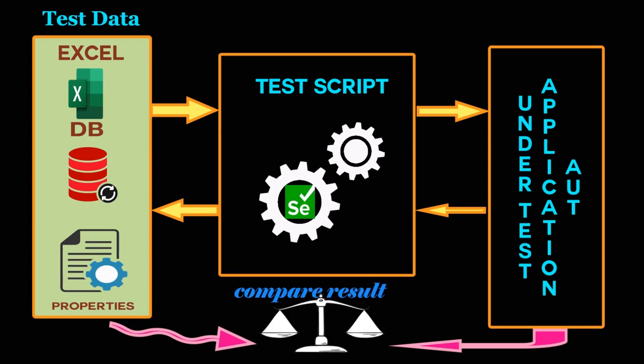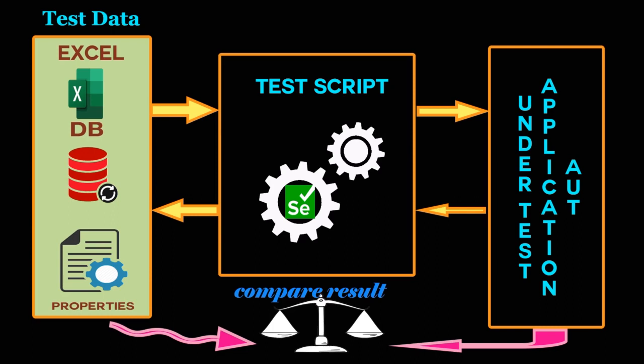Then we publish the results. So this is the high level design of how test data driven works. Take the data, apply it in your script, run on the application under test, grab the result, and put the result back to Excel or a reporting file, whatever you are using.